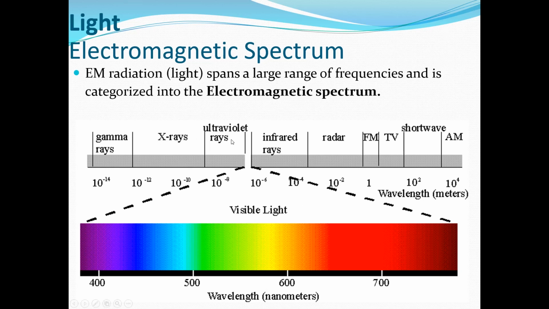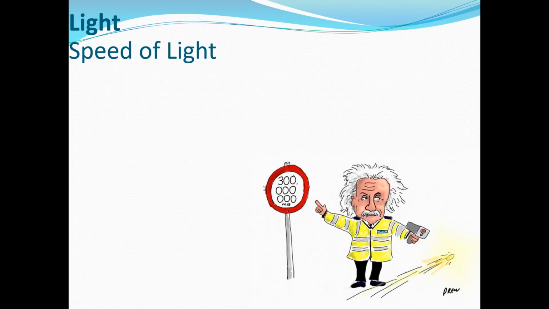X-rays are produced by taking electrons and accelerating them towards metal plates and having them collide. So this range of X-rays is pretty much categorized by all the different frequencies that we can get by taking electrons and accelerating them and hitting them into metal plates. So just want to throw that out there of why it is broken up.